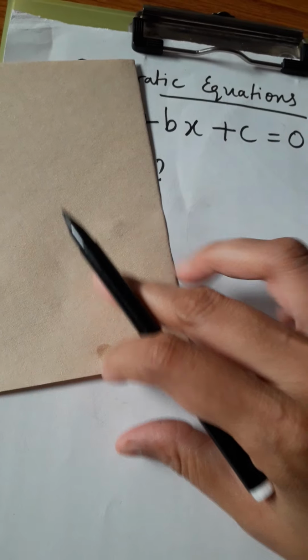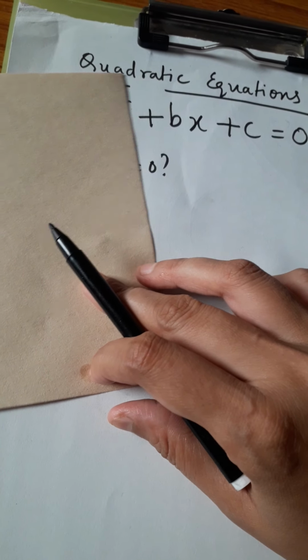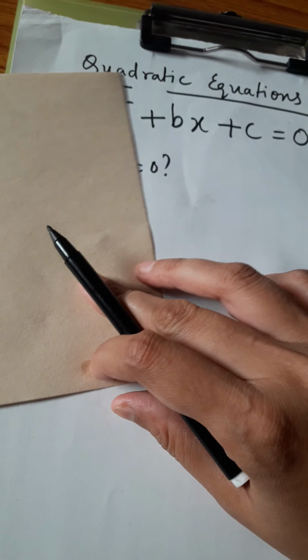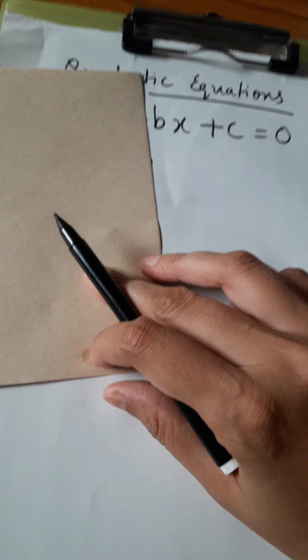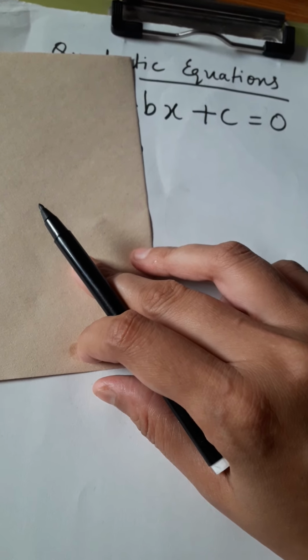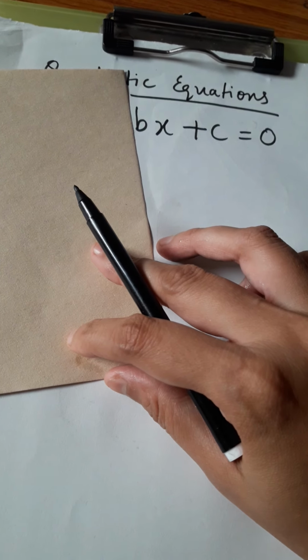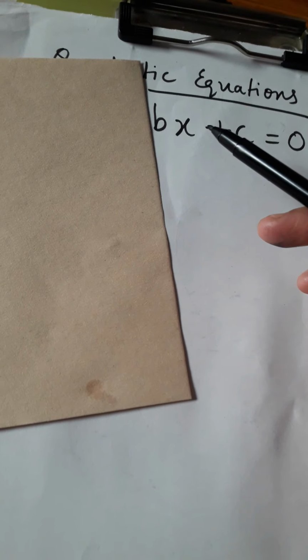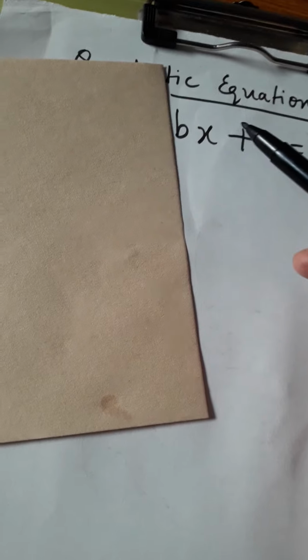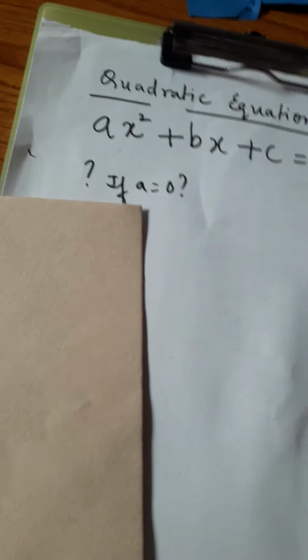This term vanishes. I get bx plus c is equal to 0. And it becomes linear. The highest power of x is now 1. It's no longer a quadratic. It becomes a linear equation. That's why a should not be 0.